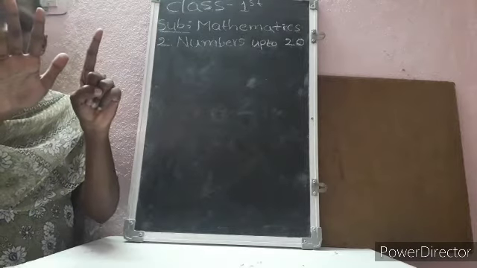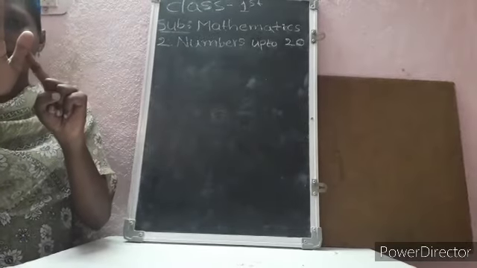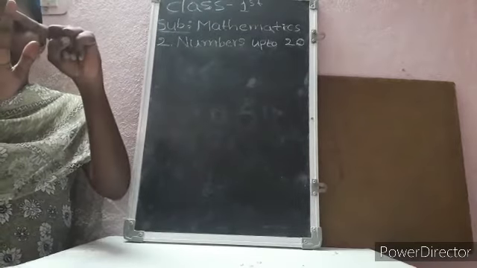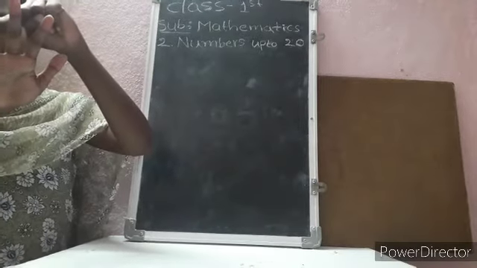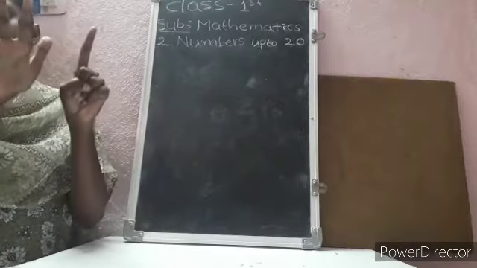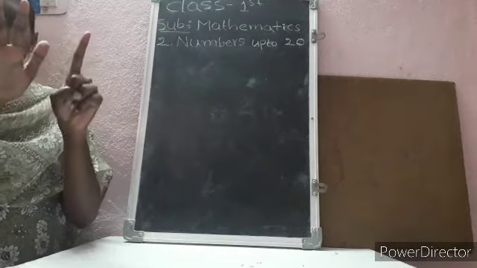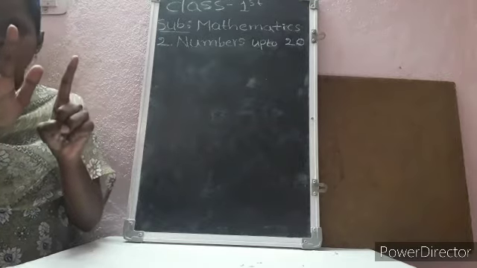Now, if I raise another finger on my right hand, so what's the number now? 10, 5, 15, 16, 17, 18, 18 plus 1, 19. What is the number? 19. NINETEEN, 19.